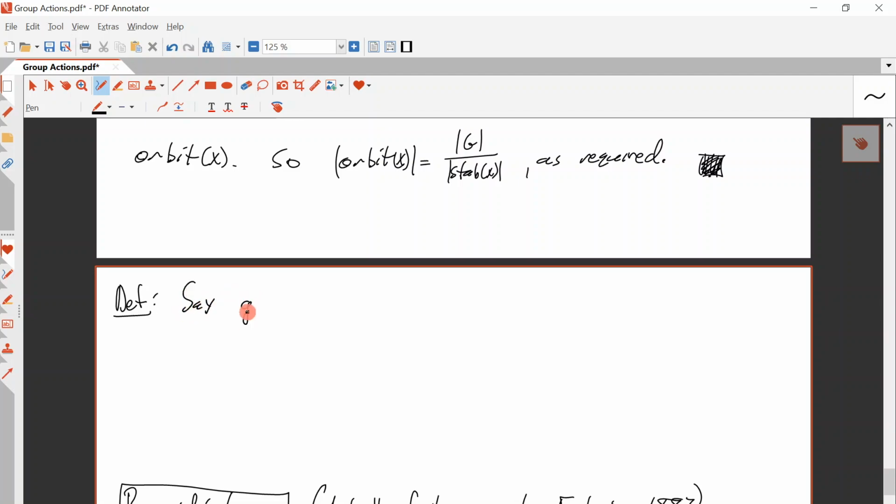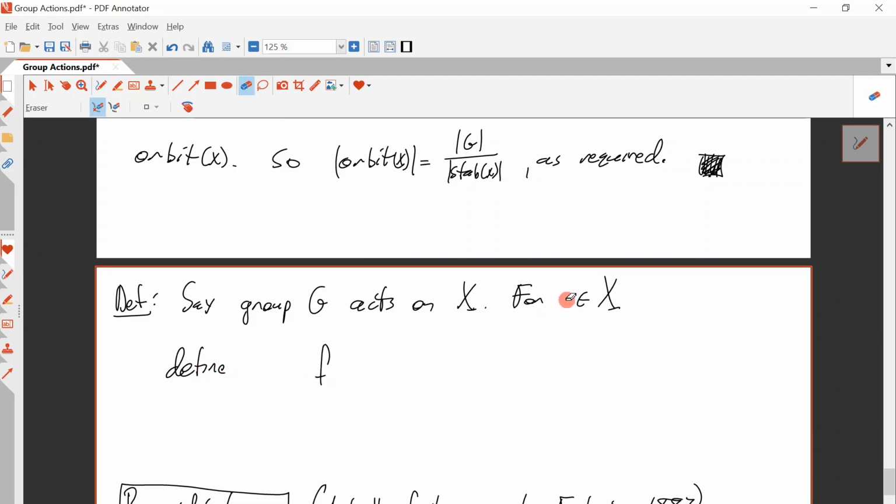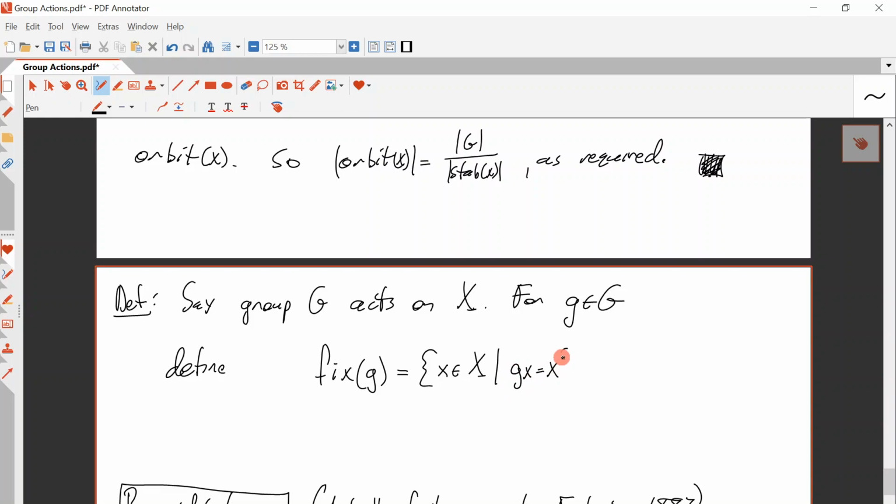Say group G acts on X. For g in G, define fix of g, the fixed set of g. It's the set of all x in X such that gx equals x. And this is a subset of X.